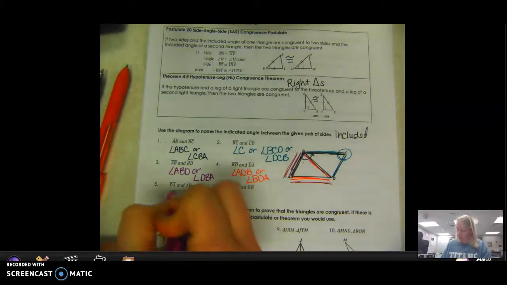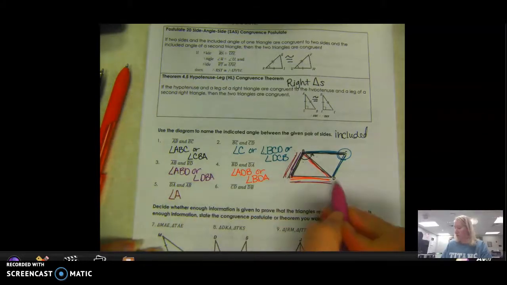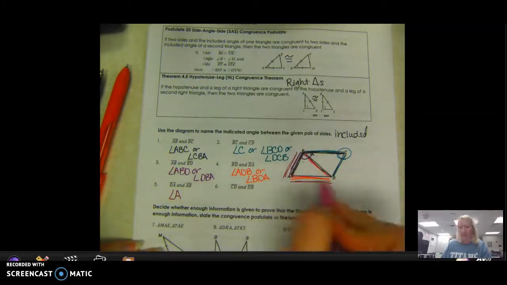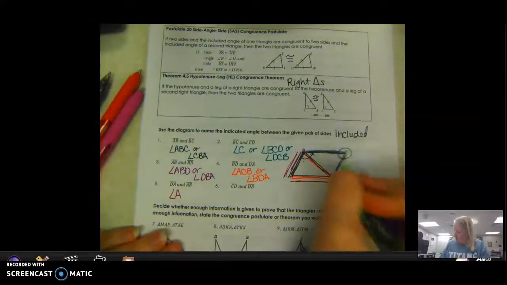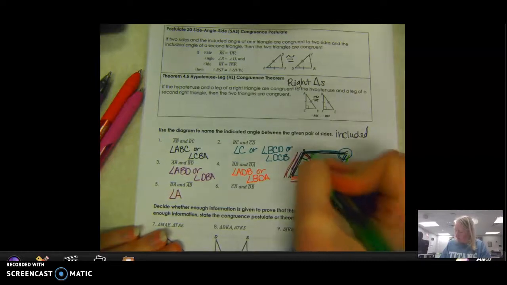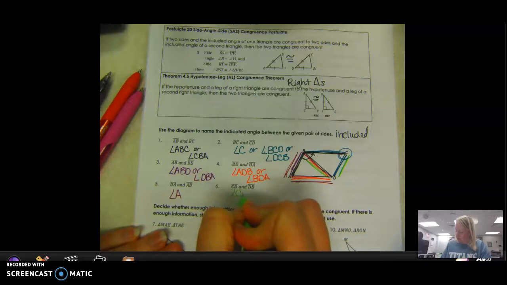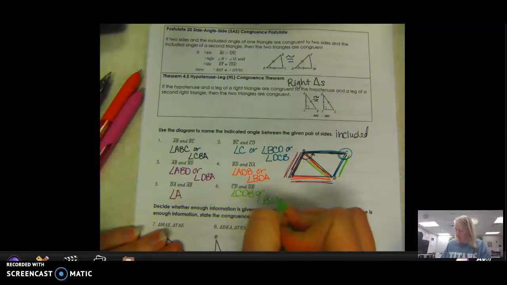Well, that's just that one angle A. There's no other angle at that one, so I can call it with 1 letter. You can also call it DAB or BAD. And then the last one is C to D and D to B. So that one has to have 3 letters, so that would be angle C to D to B, or angle B to D to C.